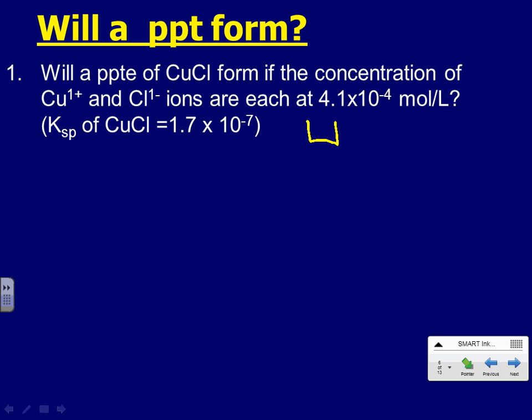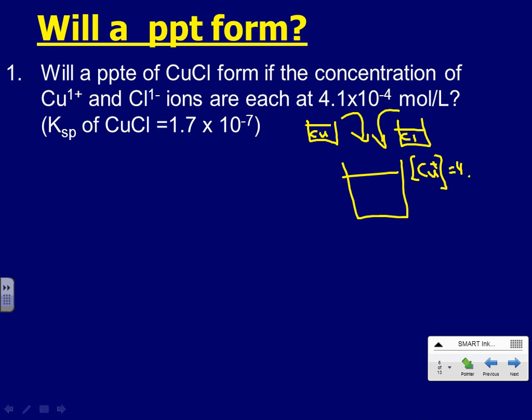So the concentration of Cu+ is 4.1 times 10 to the minus 4, and the concentration of the chloride is also 4.1 times 10 to the minus 4, in moles per liter.